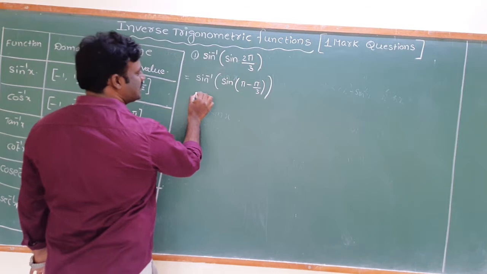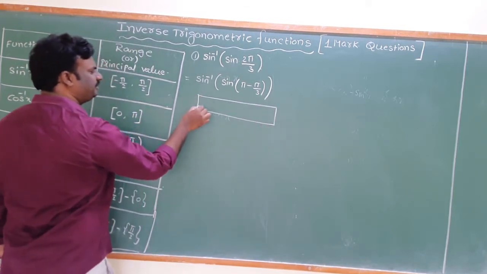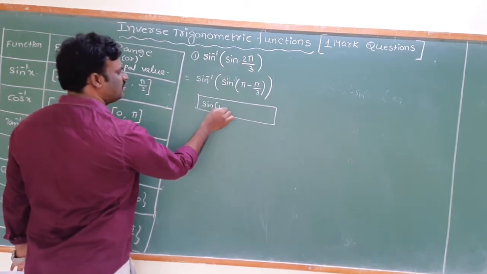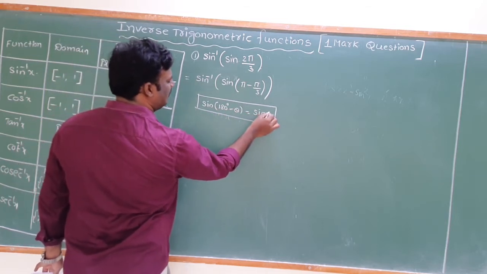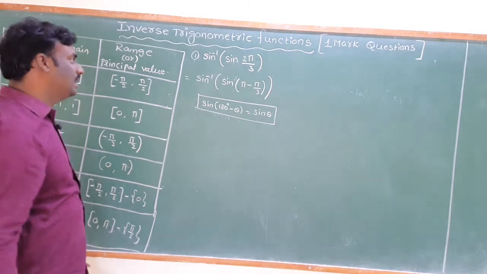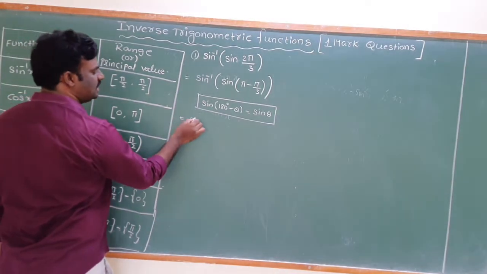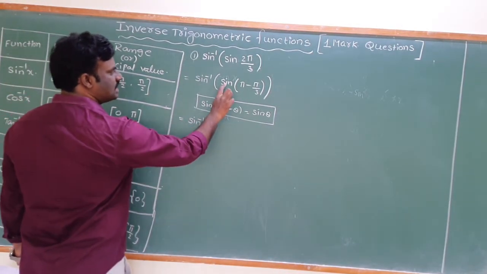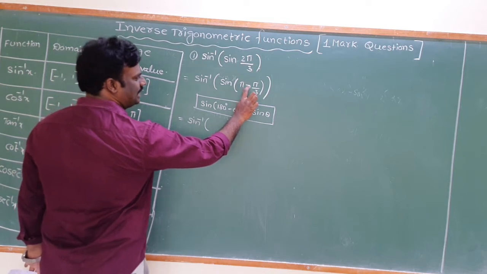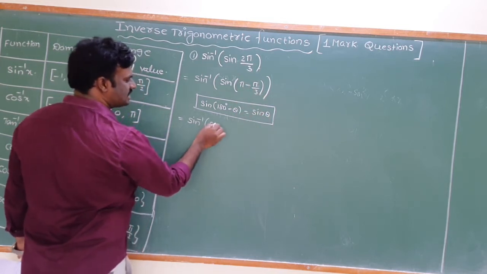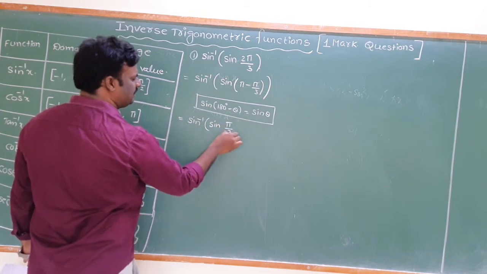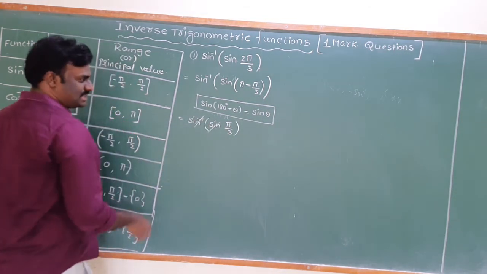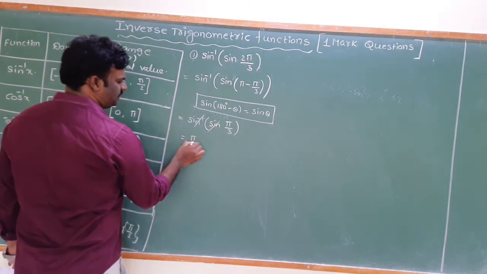Sin of 180 minus theta, we know the formula, sin 180 minus theta is sin theta. Okay, that equals sin inverse of sin theta, where theta means pi by 3. And sin inverse gets cancelled. Therefore, the answer is pi by 3.